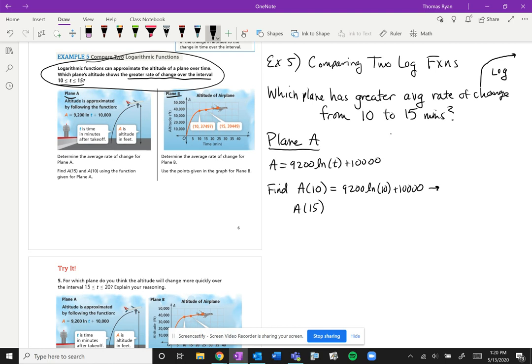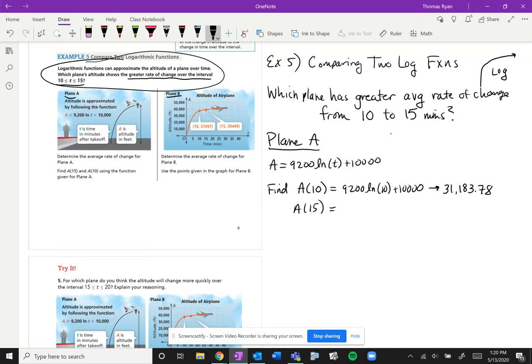Doing that right in my calculator because our ln button is right next to the 4. So 9,200 ln 10, close the parenthesis, plus 10,000. We get 31,183.78.